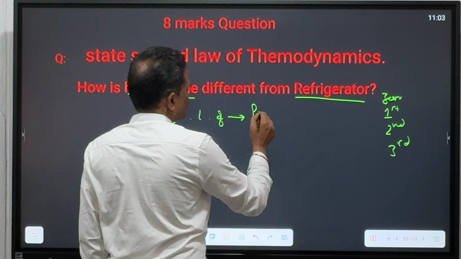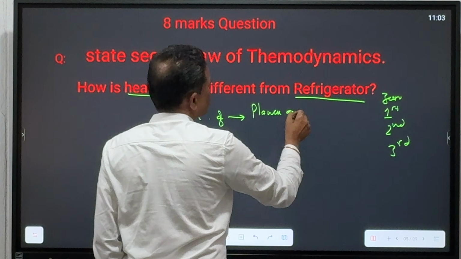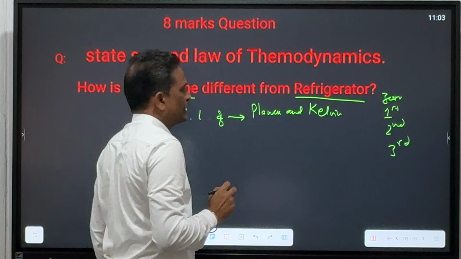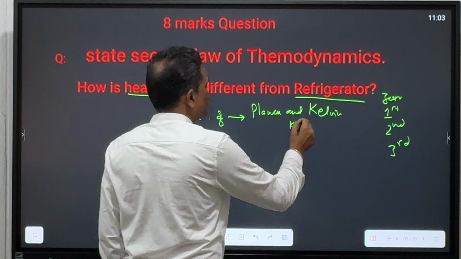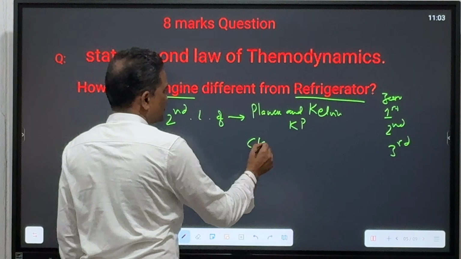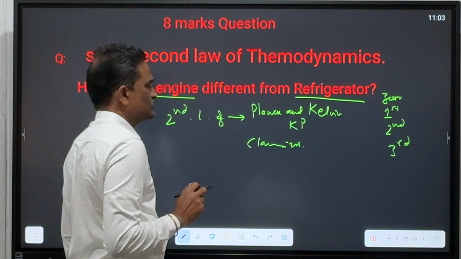One was given combinedly by Planck and Kelvin. So one statement is called the Kelvin-Planck statement. Remember it as KP, Kelvin-Planck statement. And another statement is given by Clausius. So these are the 2 statements.